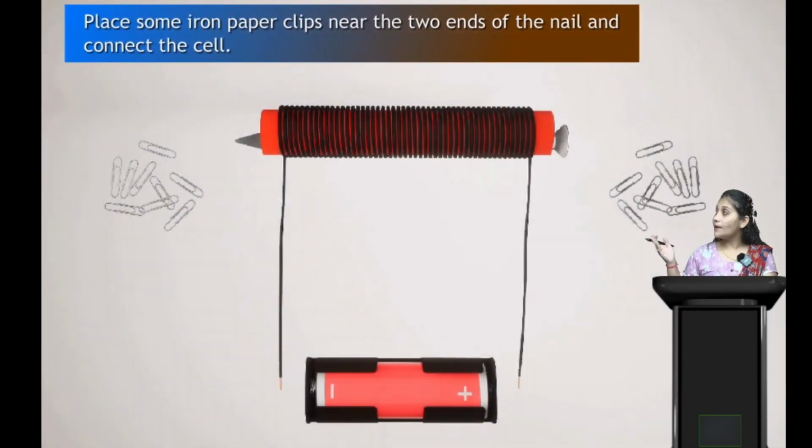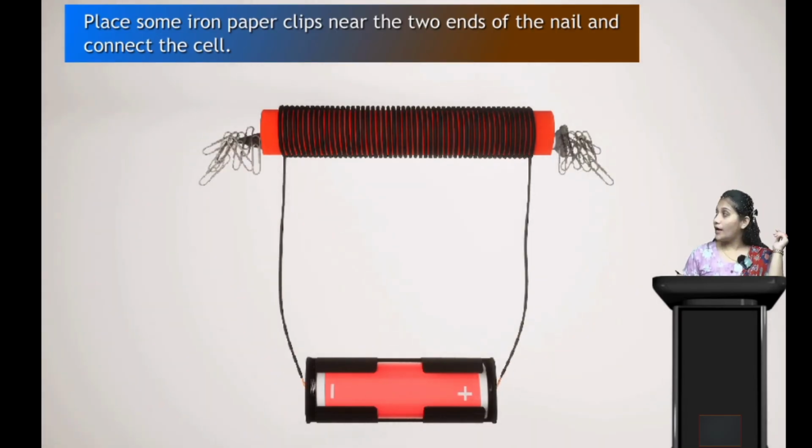Now it is said to place some iron paper clips near the two ends of the iron nail, connect the cell, and see what happens. When we put some iron clips at the two ends of the nail and connect the wire to the electric cell, electricity passes through the wire, and then what happens?